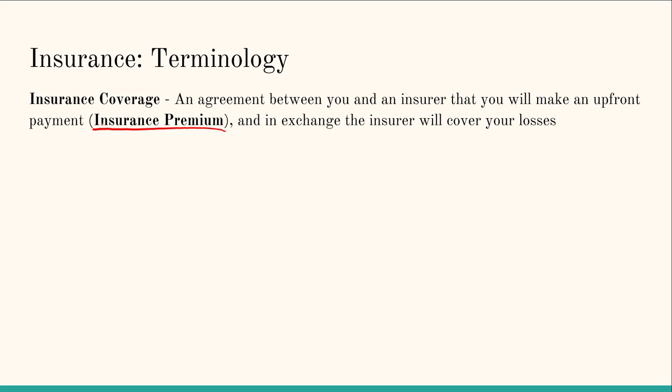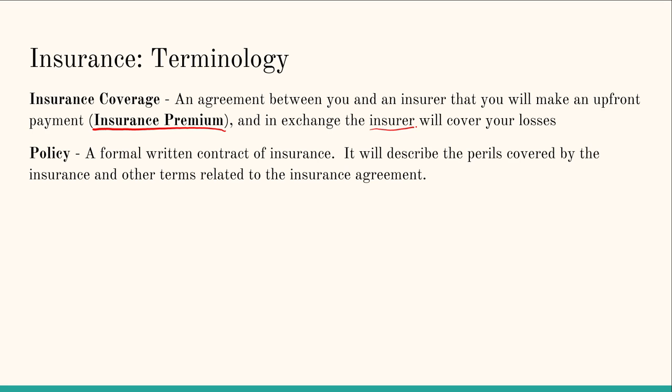In exchange for this payment, the insurer will cover you from losses. As we talk about specific examples, this will become more clear. But basically, in the insurance coverage, you are trading an upfront payment, and in exchange, the insurer is going to protect you against losses.